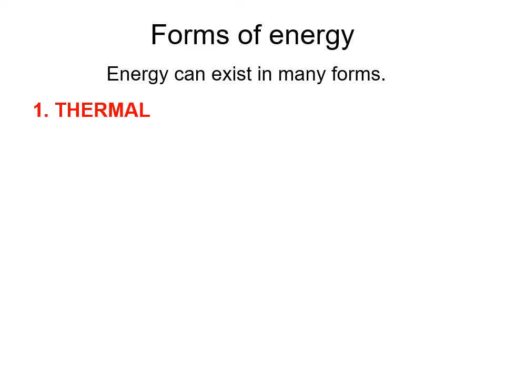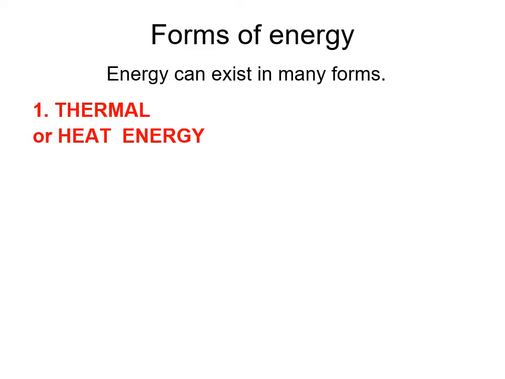There are many different forms of energy that can transfer between other forms. Here are just examples. You've got thermal energy. For example, the energy released as heat from the sun or a fire is known as heat energy as well.